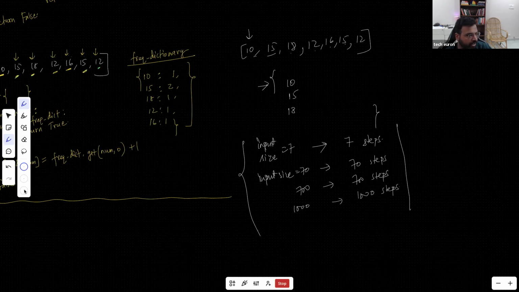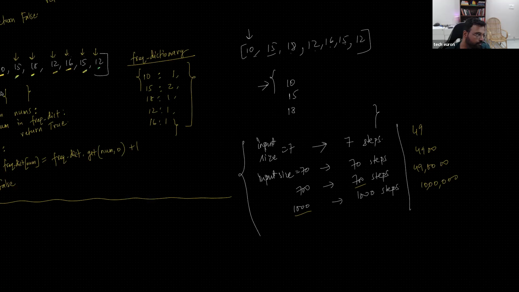The previous one was looking like how? If it is 7, it is taking 49 steps. If it is 70, it is taking 4900 steps. If it is 700, then it will take 490,000 steps. If it is 1000, then it will take 10 lakh steps. If you have to pay money, which one will you prefer?